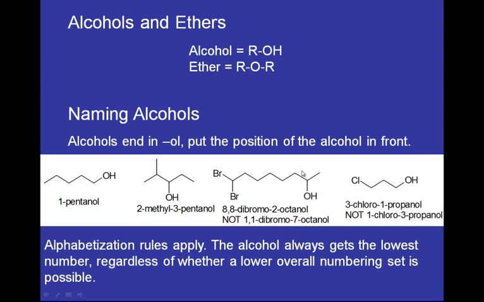So this would give us OH as being on number 2 instead of OH as being on number 7. It seems to go against the rules because we've always said in the past that we want the lowest possible numbers for the substituents on the chain, but when we get to alcohols and to alkenes, as you'll see later, what happens is that the priority is set by the positioning of the OH grouping.